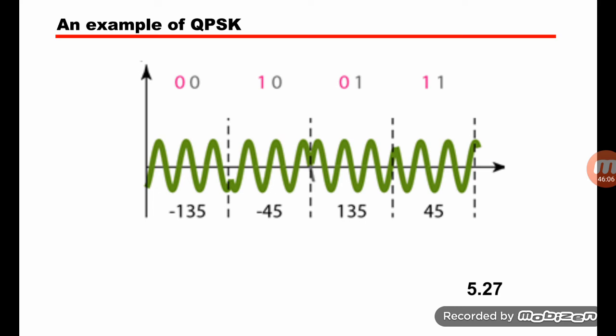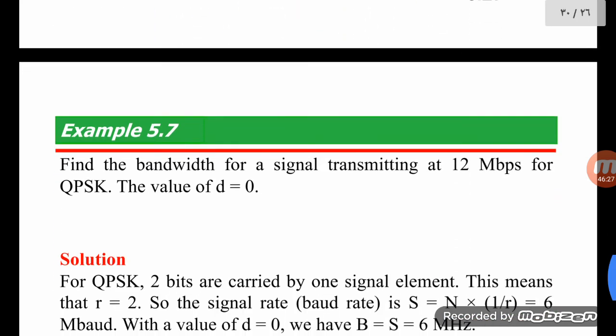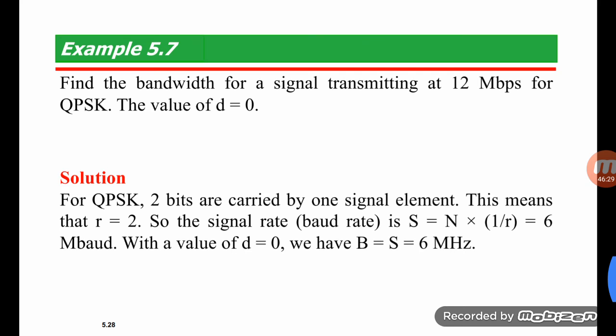Here the phase is minus 45 for 1, 0. For 0, 1 the phase is 135, and for 1, 1 the phase is 45 degrees. It's not very accurate, but it conveys the concept. Right, any questions? Okay. Clear.